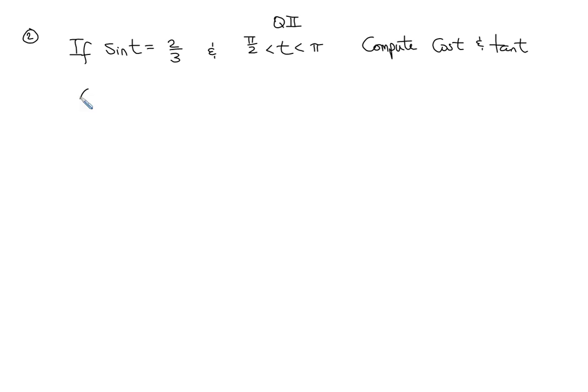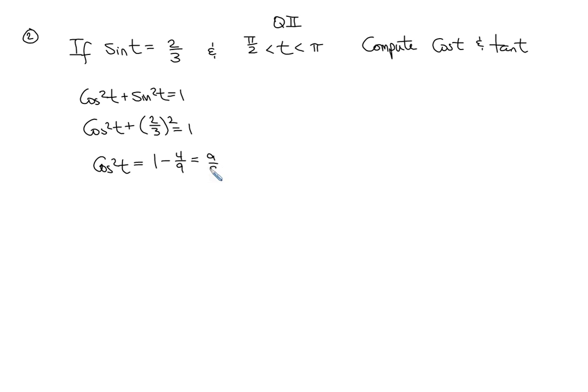So, one thing we can do is use our basic Pythagorean identity, cosine squared t plus sine squared t equals 1. And so we know that cosine squared t plus 2/3 squared equals 1. Cosine squared t is equal to 1 minus, I subtract this to the other side after squaring it, it becomes 4/9.